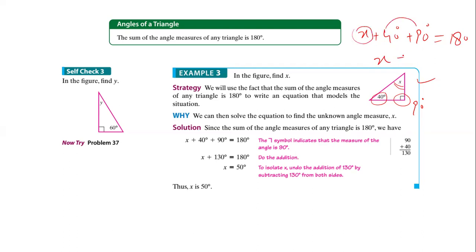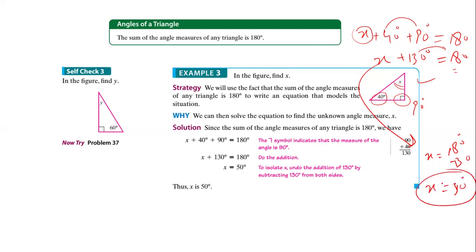Adding these two, this is 130 degrees, equals 180. Shifting this over there, x equals 180 minus 130. So what will you have? 50 degrees. This measure will be 50 degrees. Okay. Got this one? x is one angle, 40 the second, 90 the third. As a whole, this will be 180.